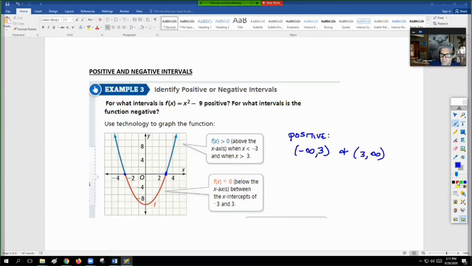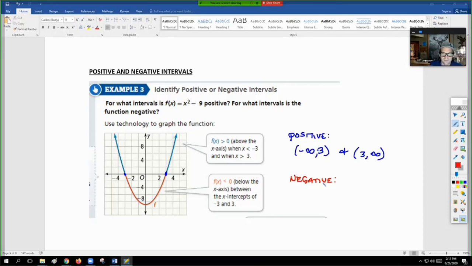Okay, now what is below the graph? What is negative? Negative is where all our y values are less than 0. So that's where everything is below the x-axis, and that's in between -3 and 3. Oh, I did see a mistake I made. Right here, that should be a -3.